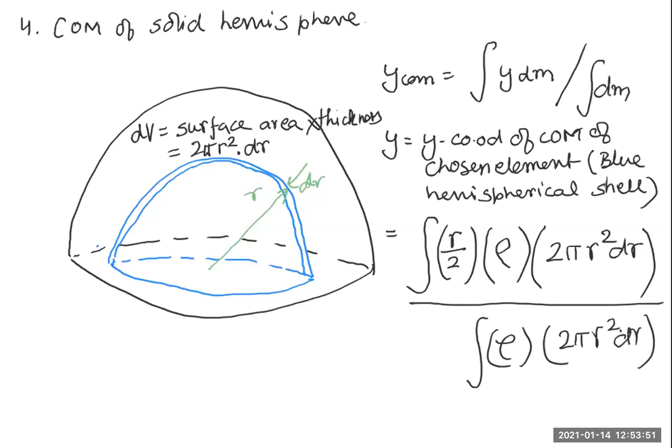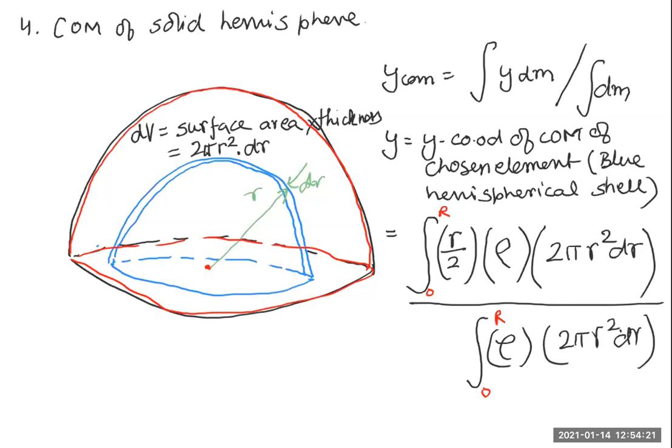I see that the smallest hemisphere that is part of this solid hemisphere is this, and the largest hemispherical shell is this. So the limits will go from 0 to R, right?